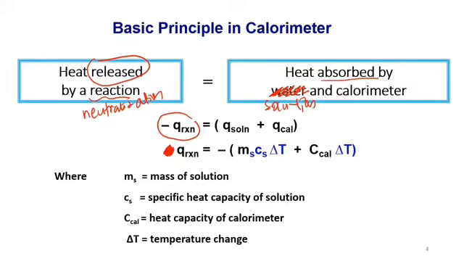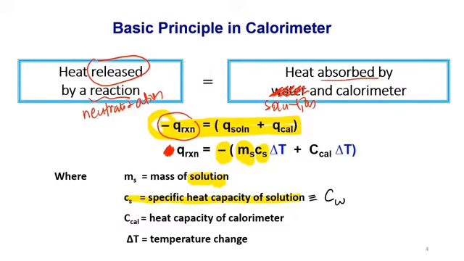So formula dia macam ni lah. Sama macam tadi tu. Formula dia Q reaction equals to Q solution plus Q calorimeter. Yang berubah hanyalah pada solution tadi. And then kita rearrange negatif ni ke belah kanan. Dapat positive Q reaction equals to negative value for the mass of solution multiplied by C of solution. Okay, specific heat capacity of the solution ni untuk case neutralization ni kita masih lagi guna dengan C of water.